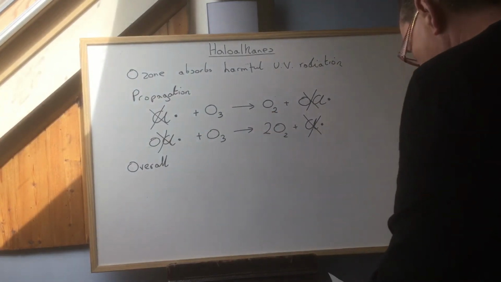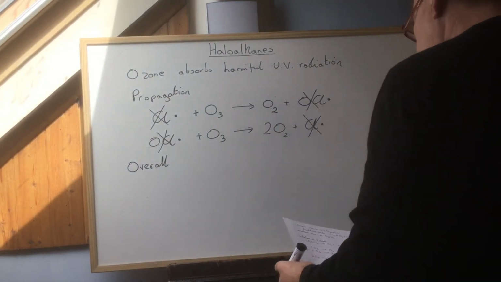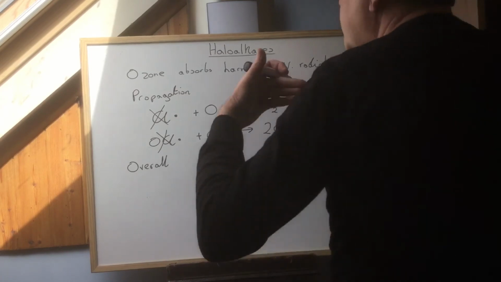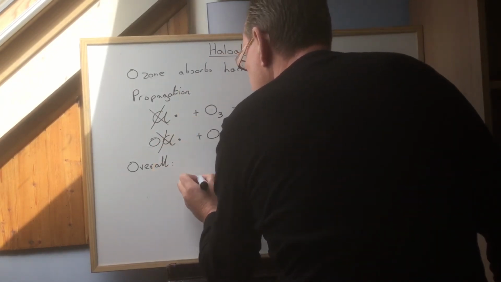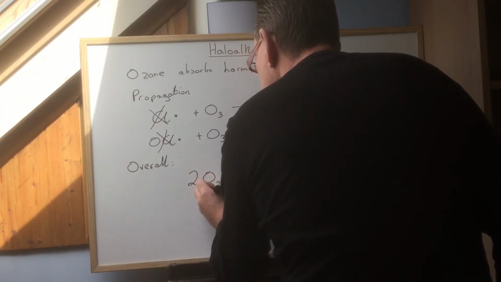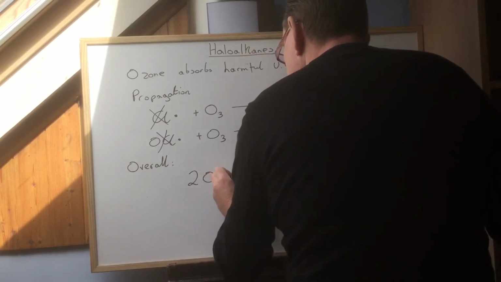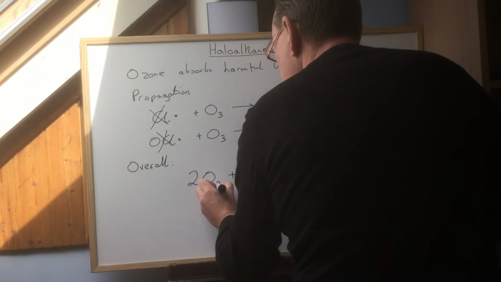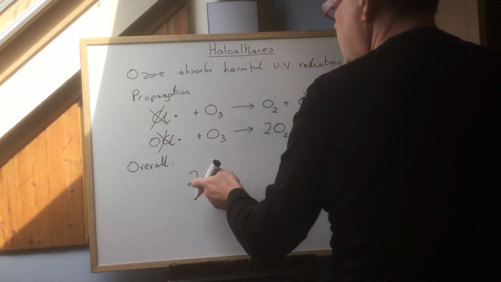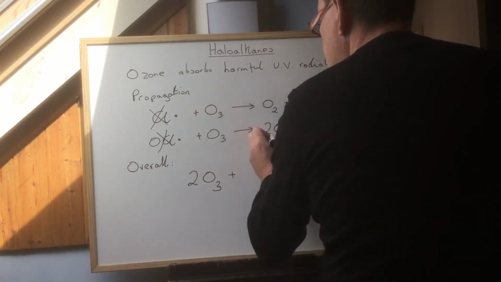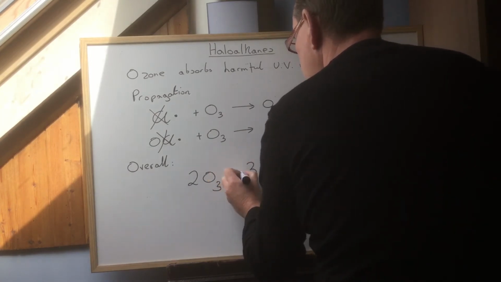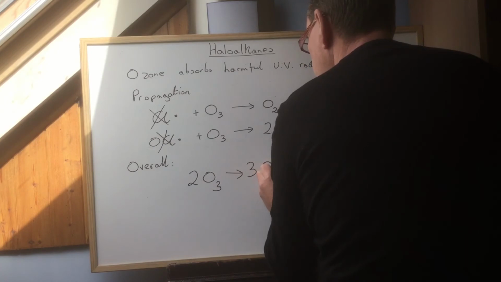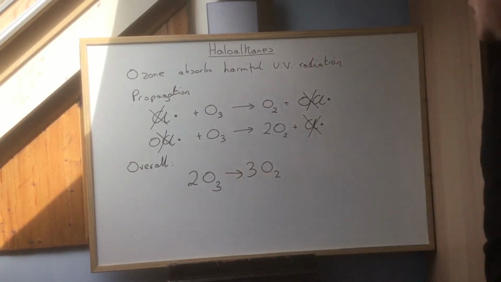Leaves us with this overall equation for the destruction of ozone. If you add those together, you end up with this: 2O3 makes 3, oh dear, I'm not concentrating, 3O2. 2O3 makes 3O2.